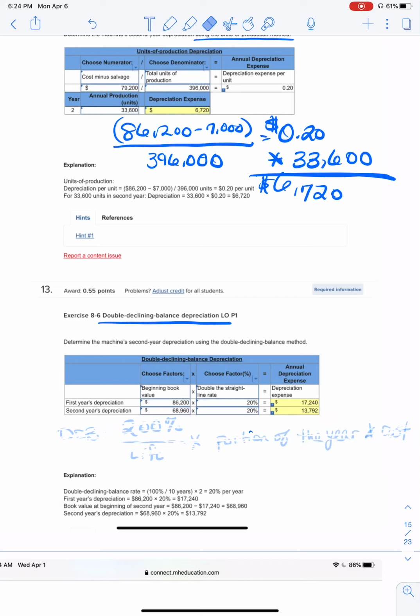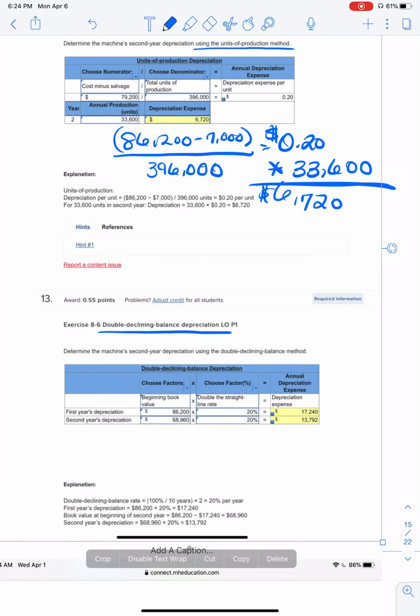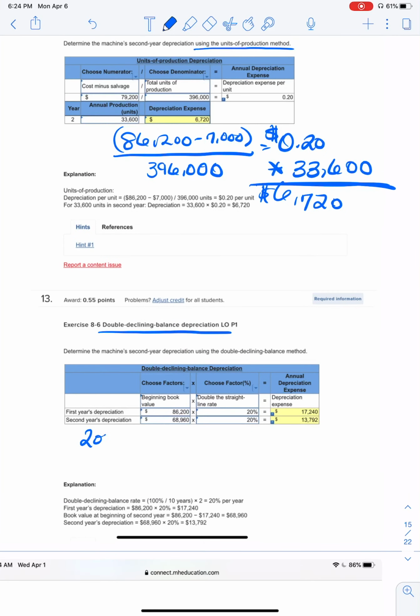And what we're going to do is, in this case, we were told that there was a 10-year life. So if I take 200% divided by my life, which is 10, I multiply that.